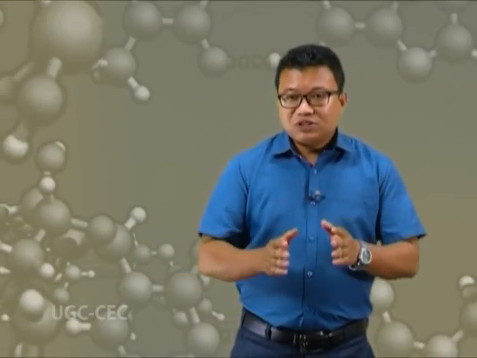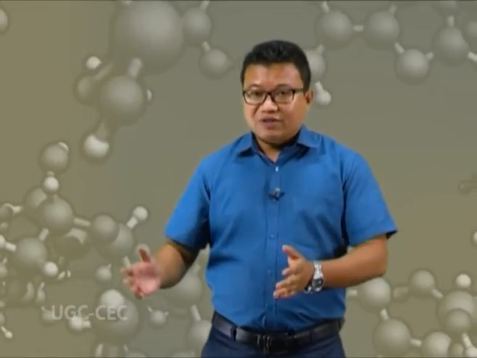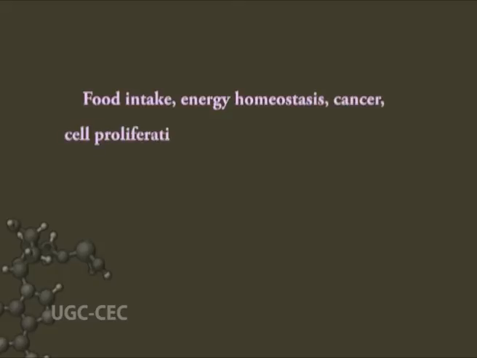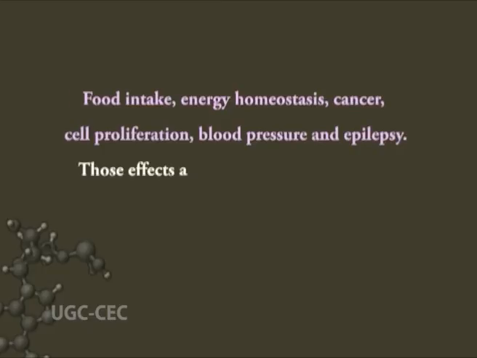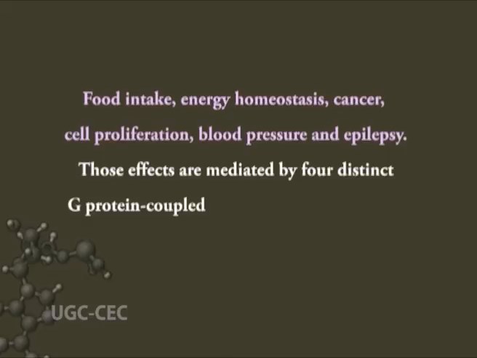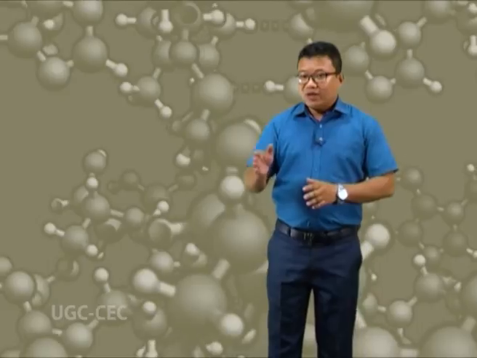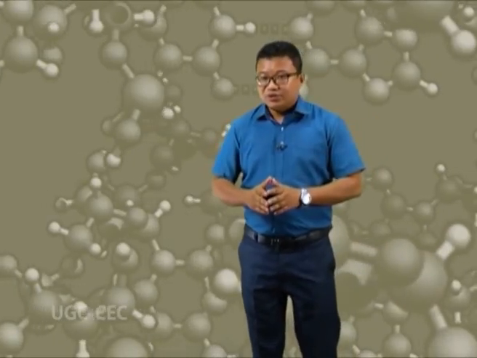They are responsible for a variety of physiological functions such as food intake, energy homeostasis, cancer, cell proliferation, blood pressure, and epilepsy. Those effects are mediated by 4 distinct G protein coupled receptors, Y1, Y2, Y4, and Y5, that are expressed in central and/or peripheral tissues.